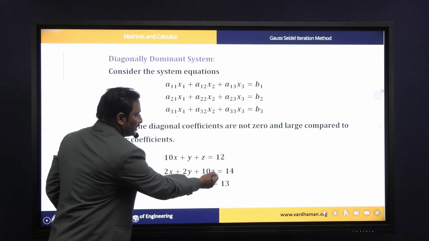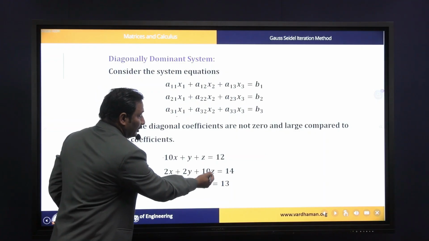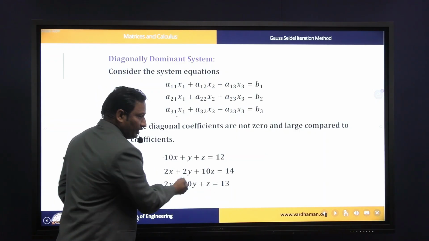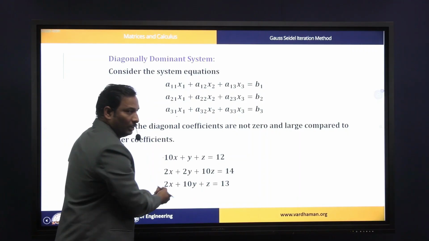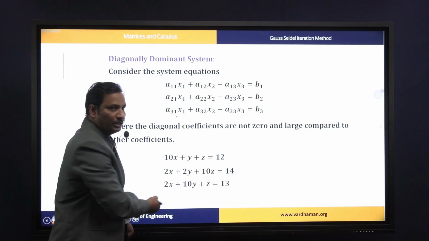Now if I come to the second equation, this is greater than the other coefficients, but it is not a diagonal element. So we need to rearrange these equations.